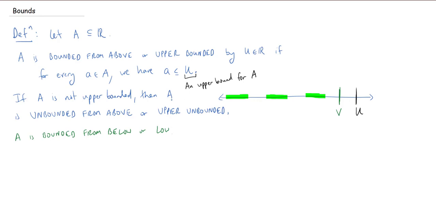Okay, so that'll be the corresponding language, lower bounded, by some number, let's call it L for lower. So some real number L if, look, we're just copying now. For every element a in A, we have, well, it should be that this little a is not less than or equal to L, but actually should be greater than or equal to L. L should be this lower bound now.